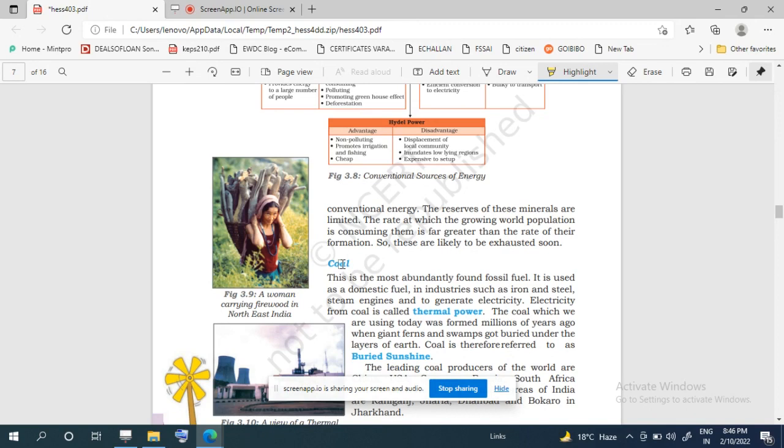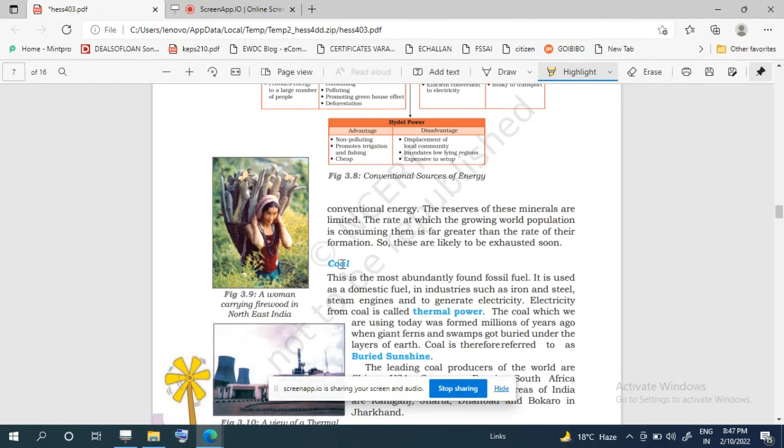The process of their formation is going on, because fossil fuel is the remains of plants and animals buried under the earth, and because of the heat and pressure, it gets converted. But the rate at which it is formed is very slow compared with the rate at which we are using it.